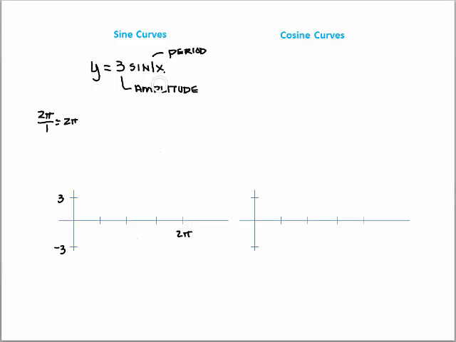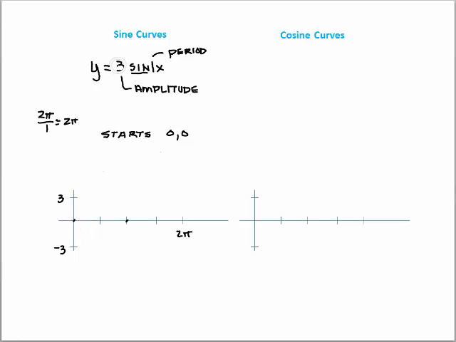Okay, now our wave, or our curve, is a sine curve. The sine curve starts at 0, 0. And we'll see how different that is with cosine curves. So here's 0, 0. This is about halfway.